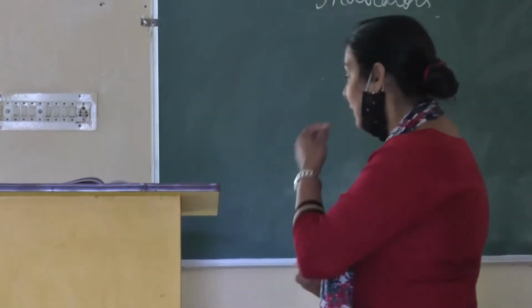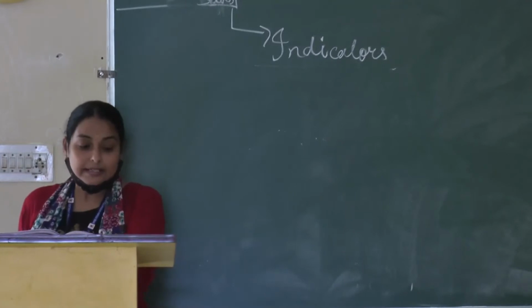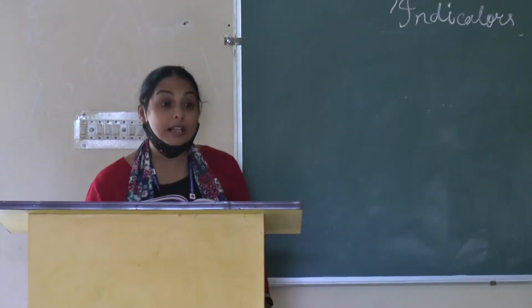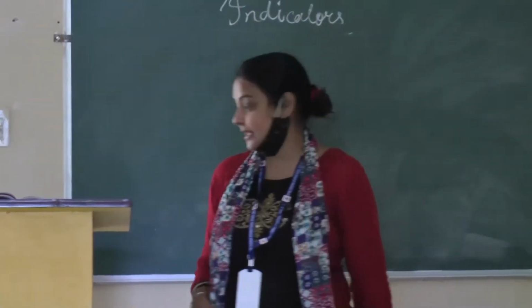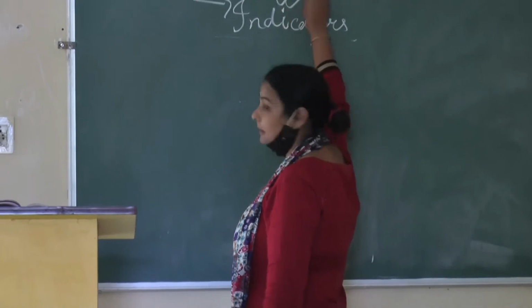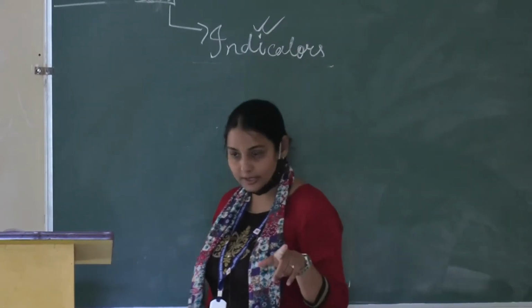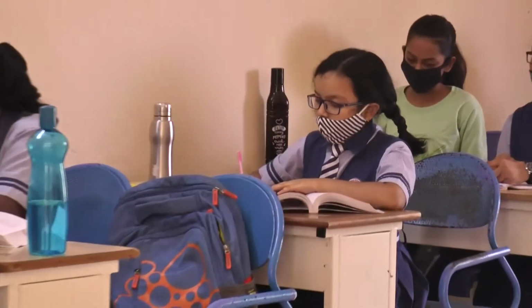So the first thing given here is the test to distinguish between acids and bases. For doing the test of acids and bases we need indicators. Is that clear? Got it? Now, depending upon the property, through indicators what can we determine?